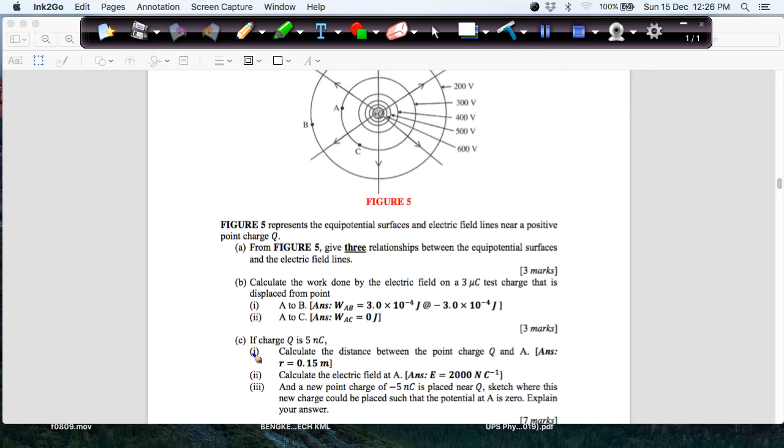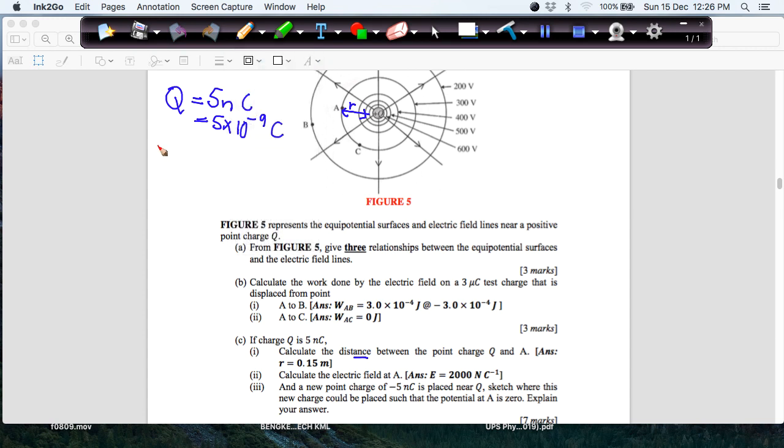Next is part C. The charge Q here is 5 nanocoulomb, which is 5 times 10 to the power of minus 9 coulomb. Calculate the distance between point charge Q and A. So what is the distance R?